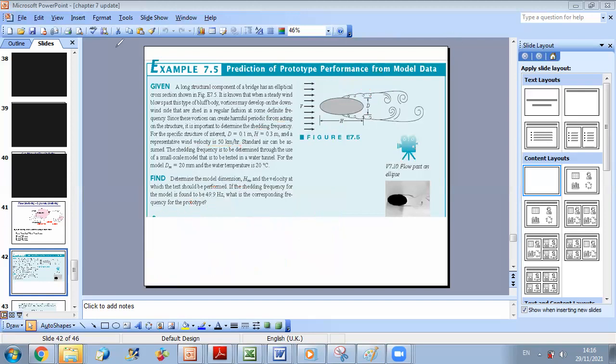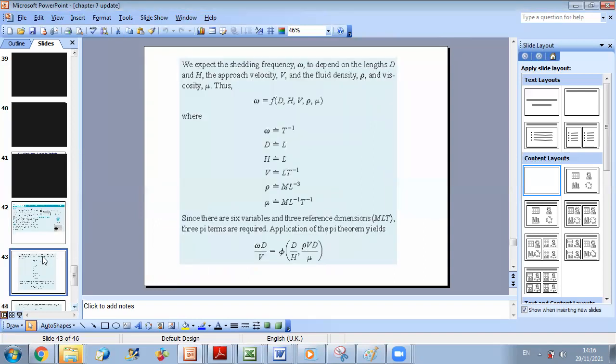As we said, the first step will be to list all variables involved in the problem. We determined already that these variables are the frequency, and this is mainly our interest, to determine this frequency. So this will be an output of our experiment. This frequency should be determined as a function of d, h, the velocity of the flow, and rho and mu.